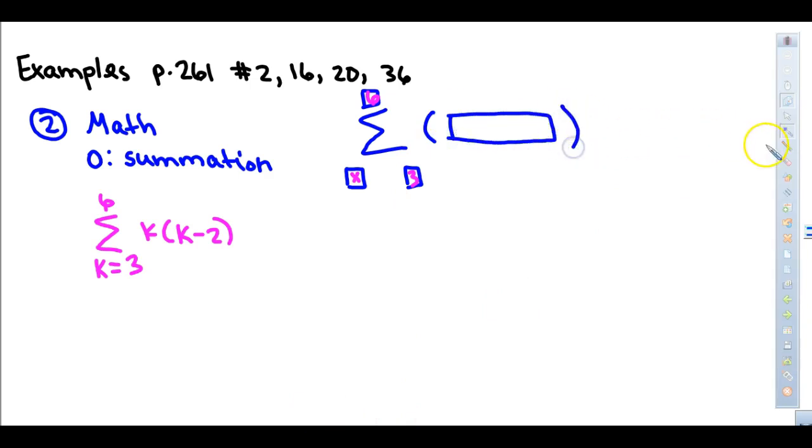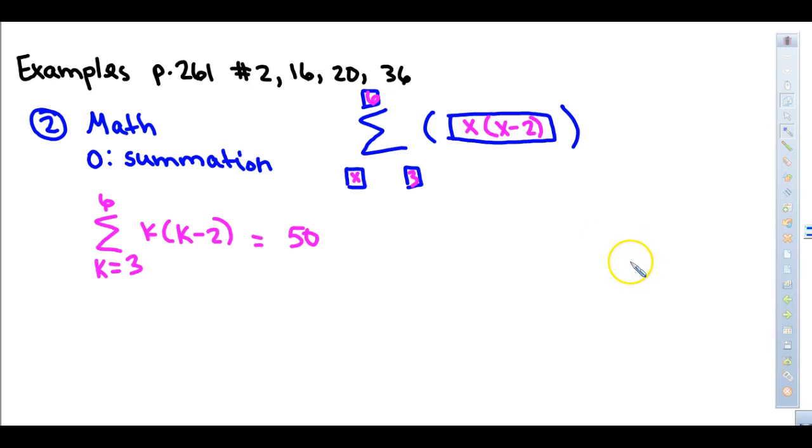When you put that in your calculator, you're going to do x times x minus 2. Of course that box is going to go away, but you will have left-handed parentheses and right-handed parentheses there. And when you put that in your calculator, it will tell you that your sum is 50. So that comes in handy a whole lot if you have access to a calculator.